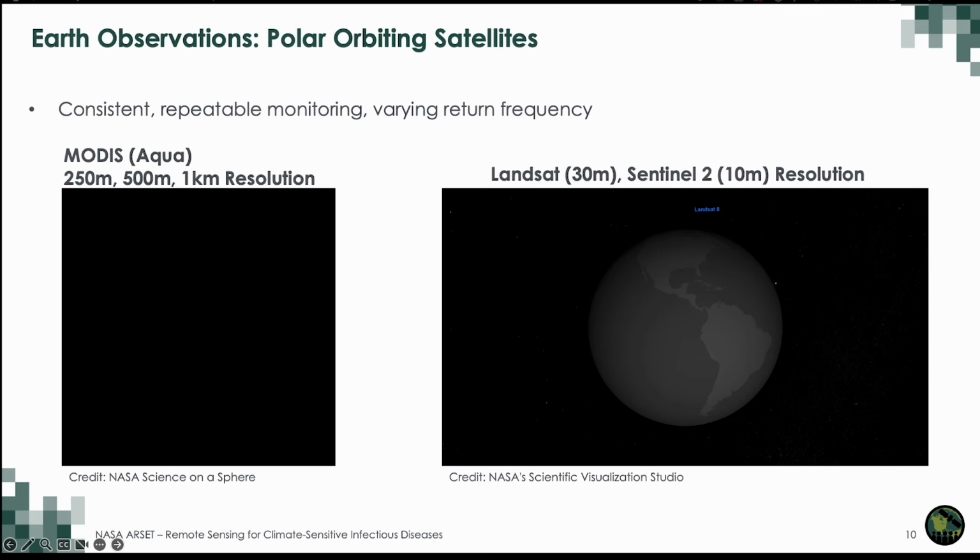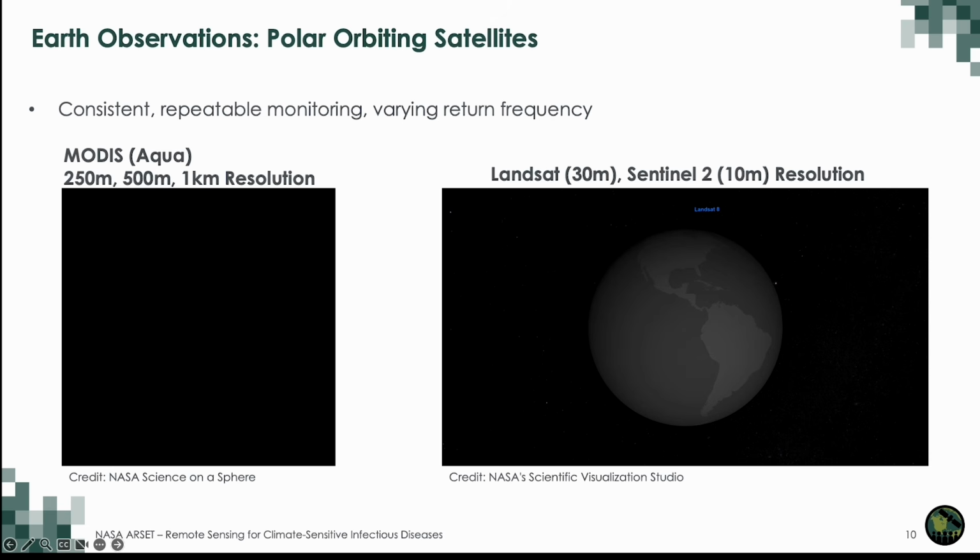There are different satellites, and they have very different capabilities. The one that you are seeing the animation for now is the MODIS instrument on board the Aqua satellite, and it images the world at 1 kilometer resolution, so it's a very large pixel.